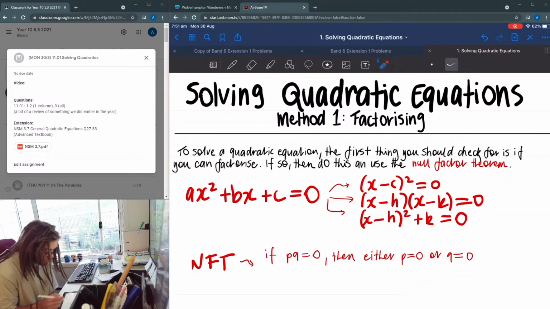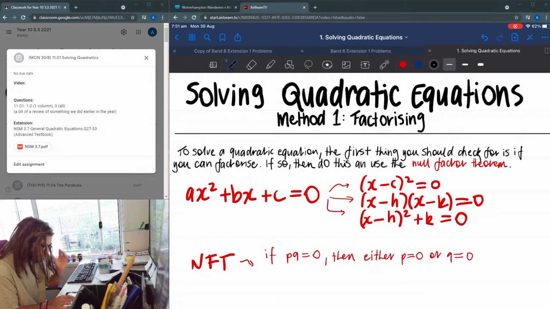That was how I got my two solutions. Just think of this in terms of P and Q. If I've got two numbers and I multiply them together to get 0, one of them has to be 0. There's no numbers where these are both not 0 and I end up with 0. That doesn't make any sense. So one of them has to be 0, and that's where this theorem comes from. That allows us to solve quadratics.